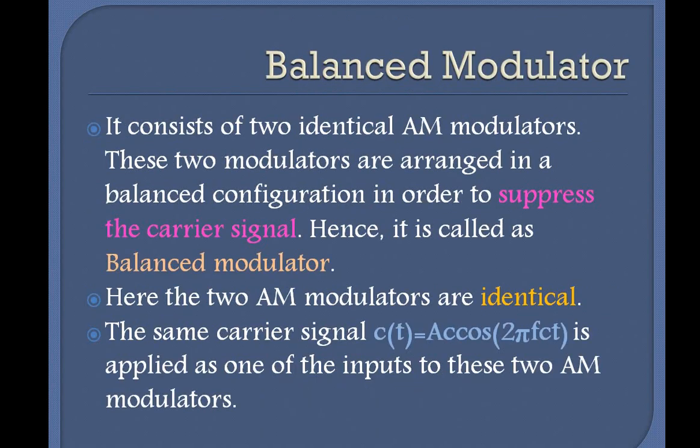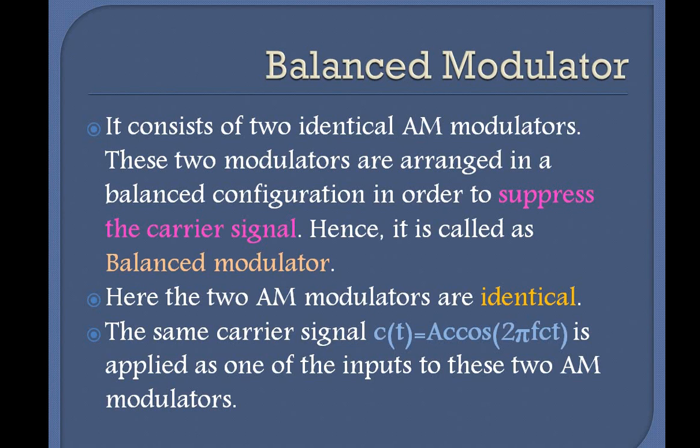What are the components that we will have in the balanced modulator? This balanced modulator is similar to the amplitude modulator, but it consists of two amplitude modulators instead of one. An amplitude modulator is the modulator used to generate the amplitude modulated signal.